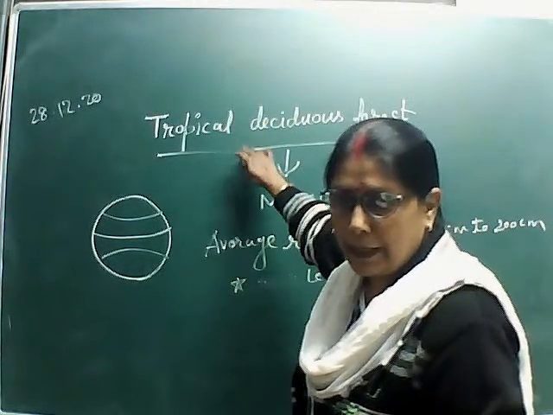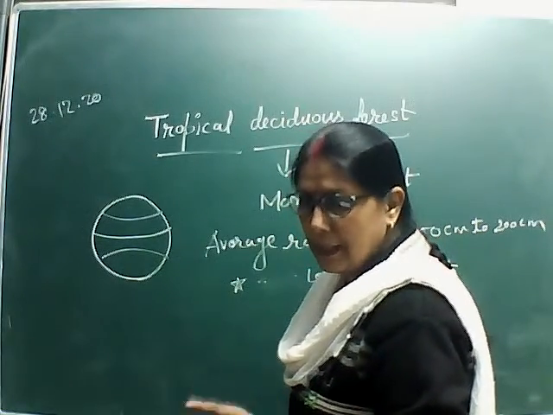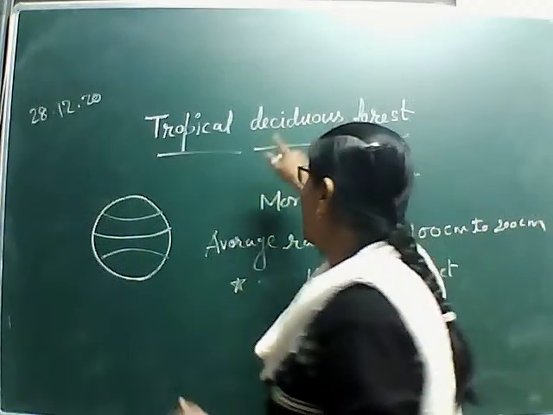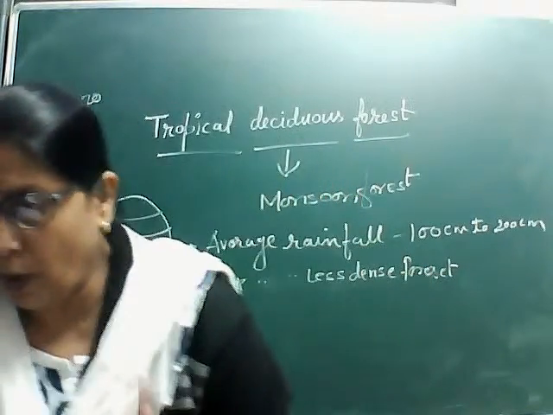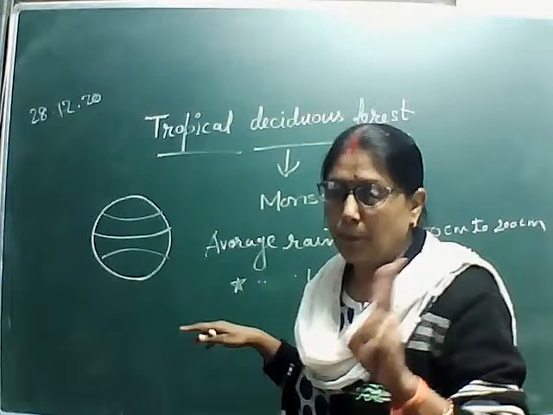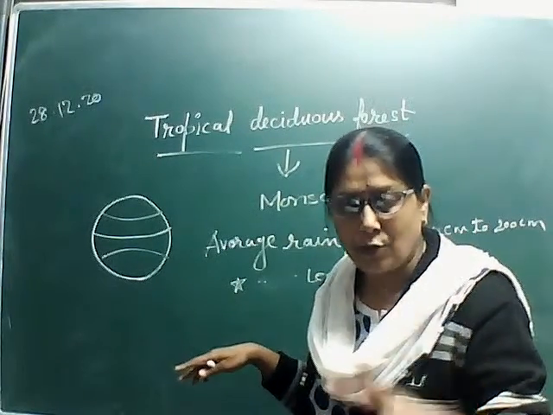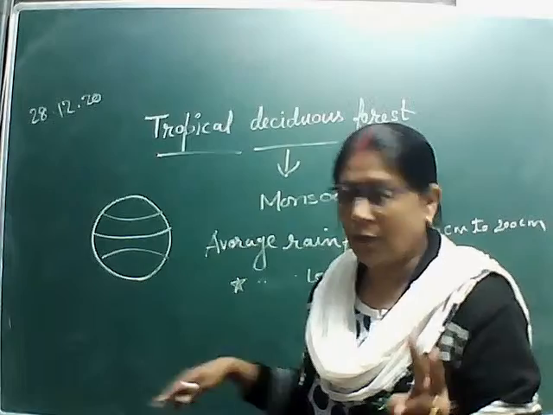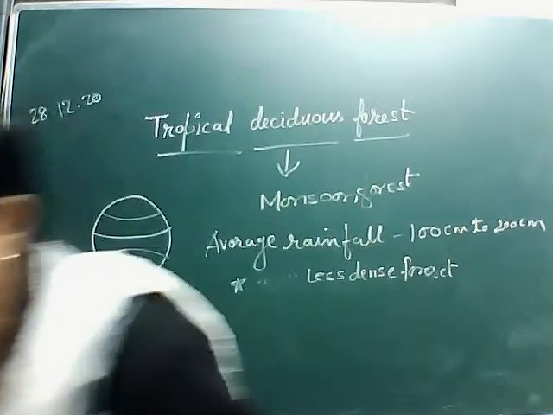In the maximum part, what is there? Tropical deciduous forest. Okay, in the maximum part of India there is tropical deciduous forest. So this is all about the tropical deciduous. Both these forests, tropical rainforest and tropical deciduous forest, are present in the tropical region.